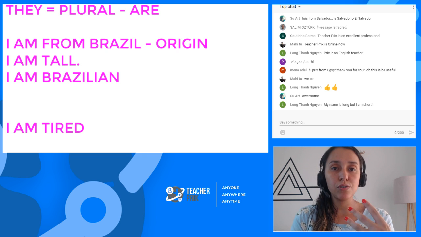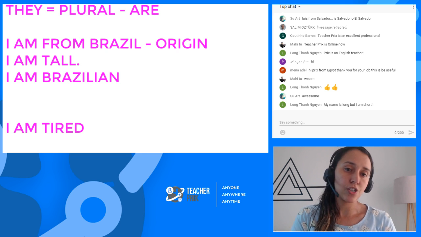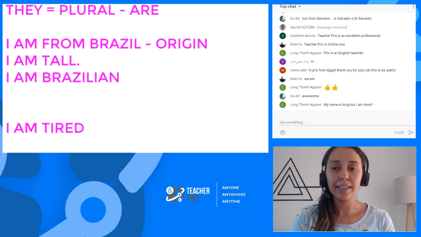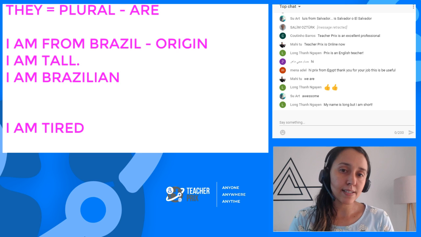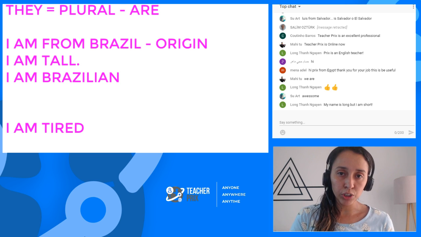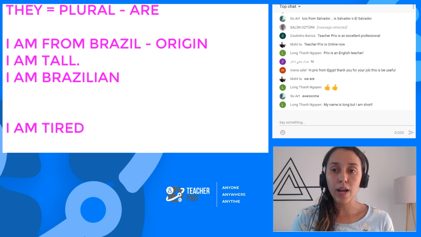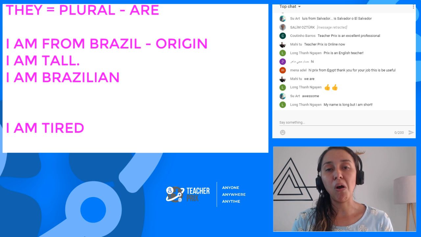Okay? One is to describe something that doesn't change. You are that. I am Brazilian. You are Canadian. You are Mexican. The second use of verb to be is to describe a moment, something that you are right now, a state. Okay, so now I'm tired. Tomorrow, maybe not.